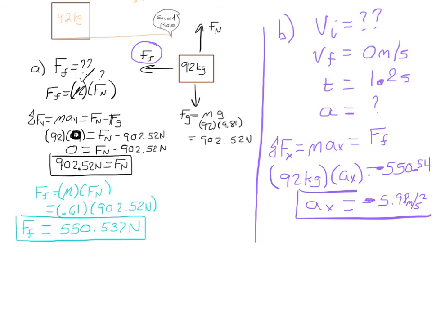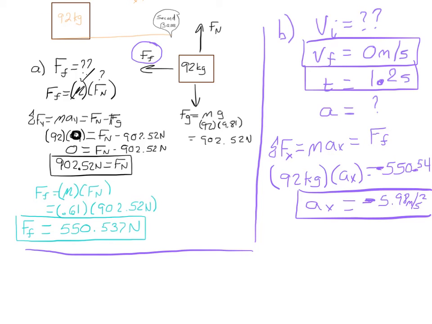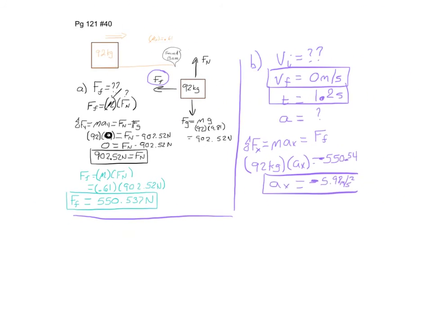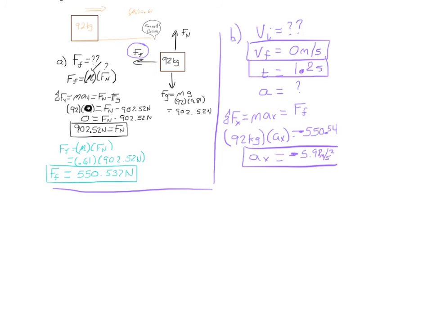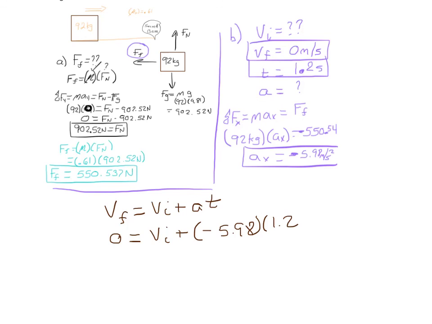So now we know his acceleration, we know his v final, and we know his time. So we should be able to solve for his v initial using our kinematic equations. We can use the first one, which says that v final equals v initial plus at. And v final is 0, v initial plus negative 5.98 times 1.2.